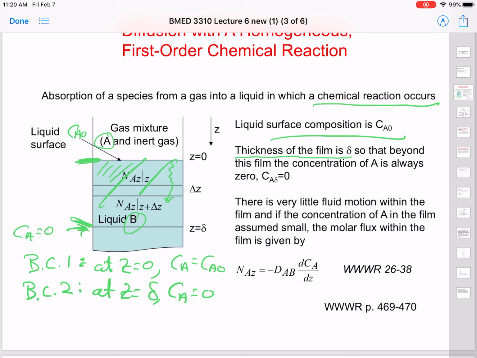When I was learning differential equations, it took me a surprisingly long time to figure out why they were called boundary conditions. They usually happen at boundaries, though not always. In Lecture 5, we saw that the center of a symmetrical system is also sometimes a boundary condition, and sometimes infinity is a boundary condition, but a lot of times boundary conditions are at boundaries. So this is a boundary right here at the surface.